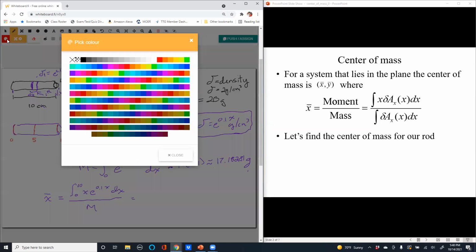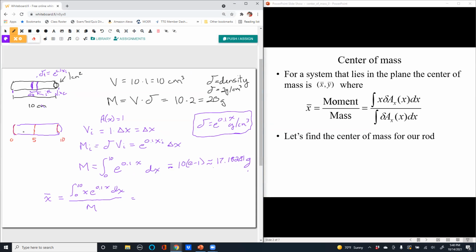So here's the question I want you to think about. If our density is increasing, should the center of mass, the balancing point on this rod, be less than 5, equal to 5, or greater than 5? What do you guys think, if you had to guess?